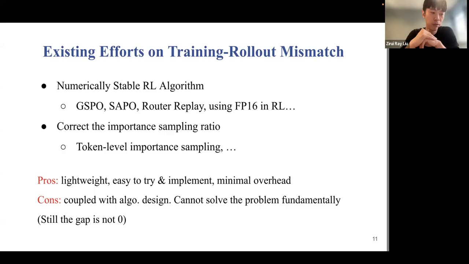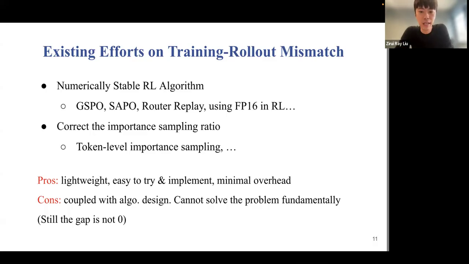I want to give a summary for the algorithm level solutions and their pros and cons. The pro is that they are lightweight, easy to try and implement. With just a few lines of change you can implement all of them, and they have minimal overhead, right? But the con is that they are coupled with algorithm design. That means you cannot tell whether the final result is better because they are more numerically stable or because they are truly a better reinforcement learning algorithm.